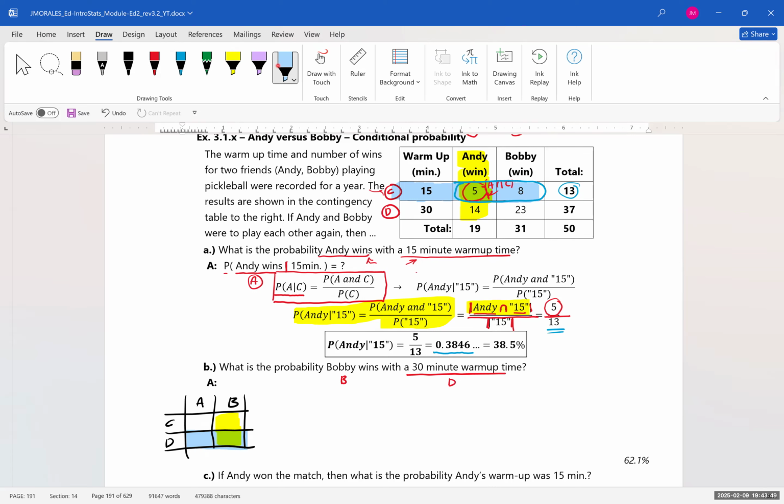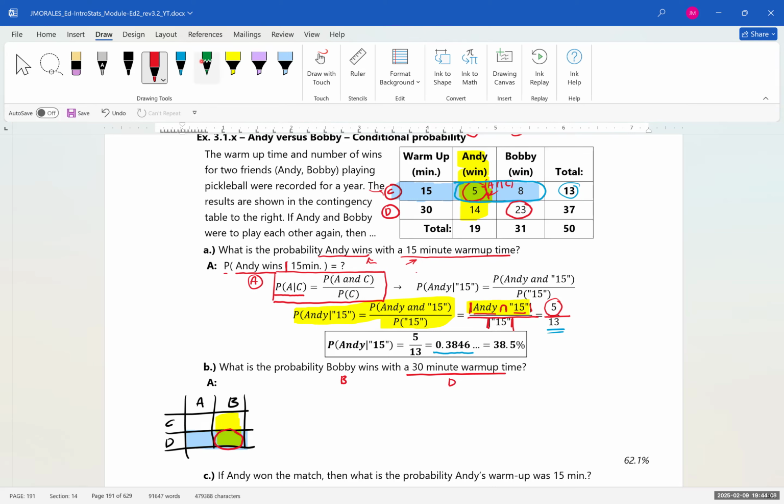So where's the intersection of those two? The intersection is right here. So what we're looking at for the intersection of Bobby and a 30-minute warm-up time is going to be 23.